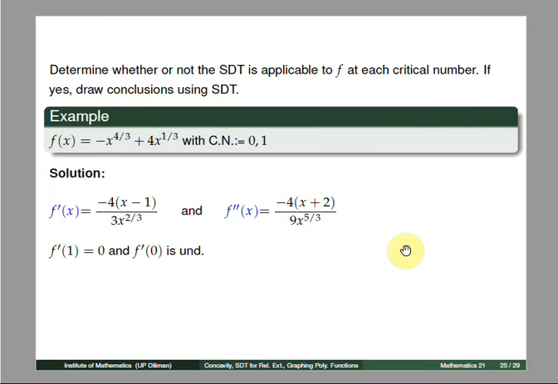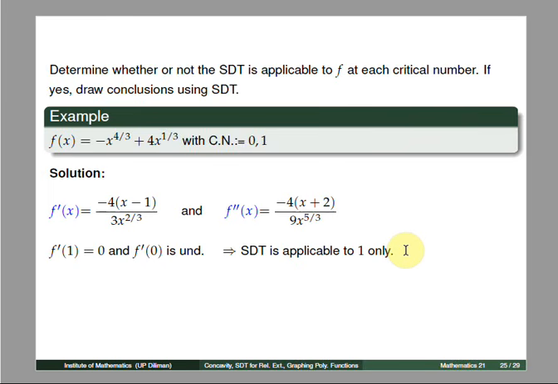F prime of 0 is undefined. F prime of 1 is 0. As you can see here, f prime of 1 is 0, but f prime of 0 is not equal to 0. And hence, the second derivative test is only applicable at x equals 1.